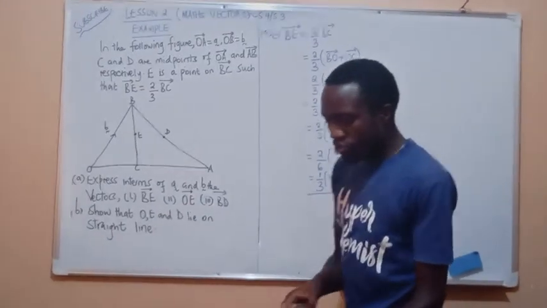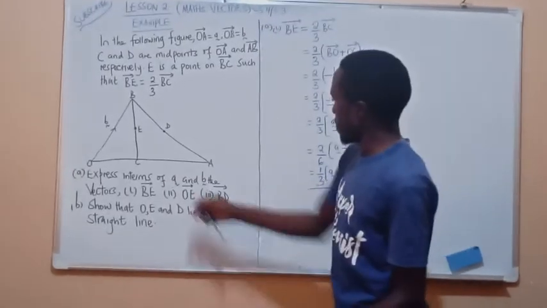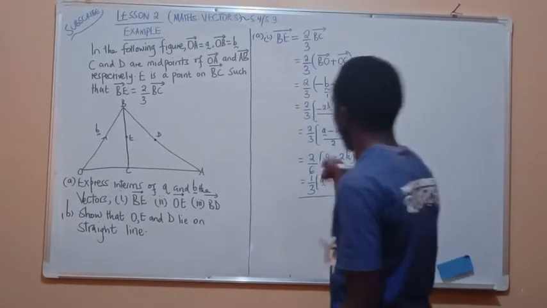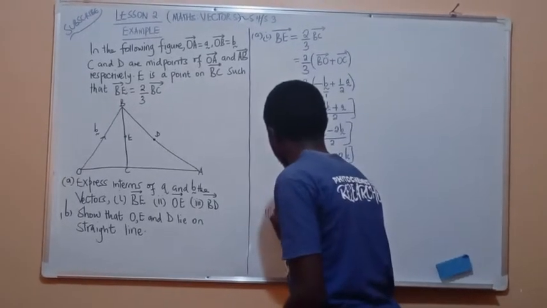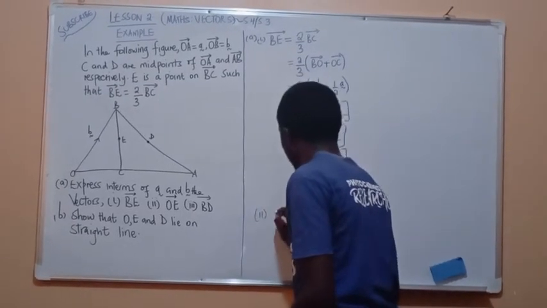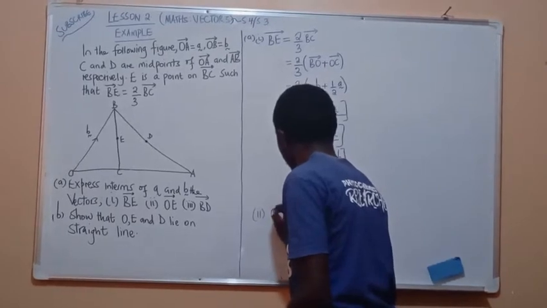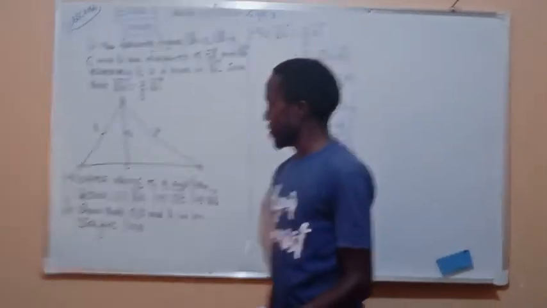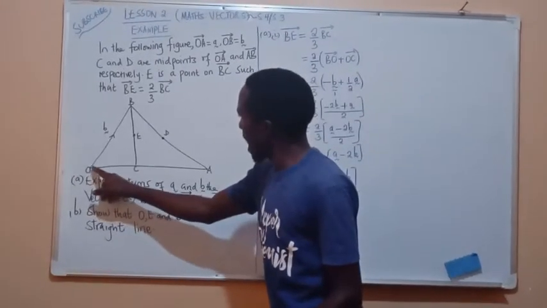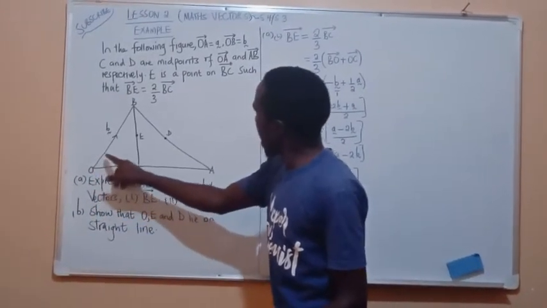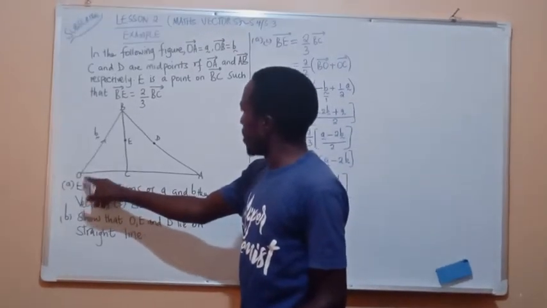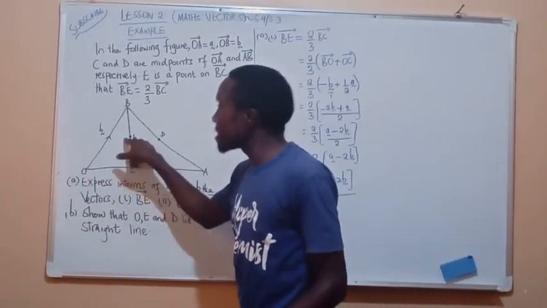Now, let's go to OE. The other part needed is OE. So how do we get OE? That is Roman 2. Members, to get OE, we shall still go to our diagram, and we shall take the route whose things are already given. So to get OE, I have to start from O and end at this point.